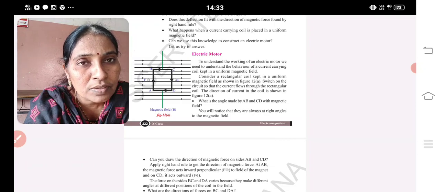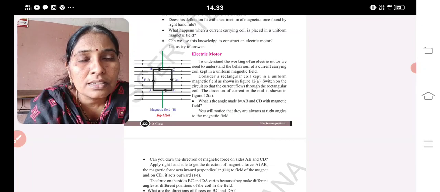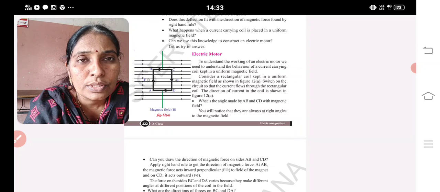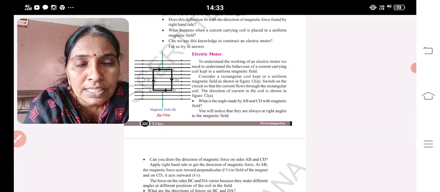We have two types of generators, AC and DC, alternating current and direct current. There also we use a coil and a magnet. Due to the change in magnetic flux, an induced EMF, electromotive force, is produced.